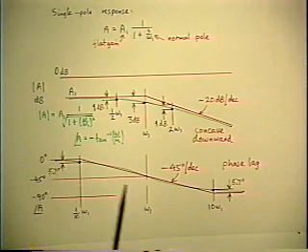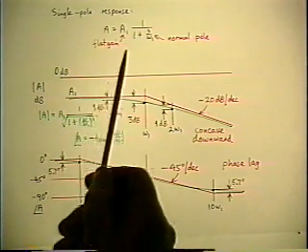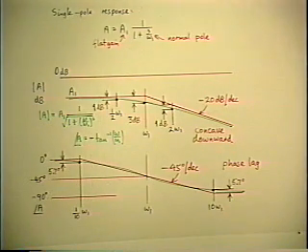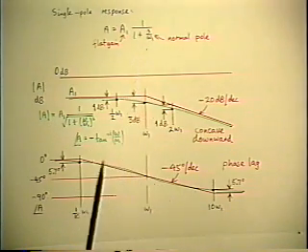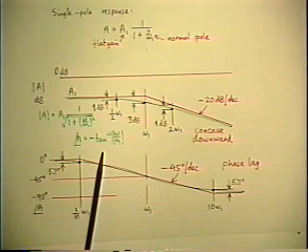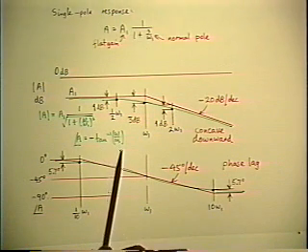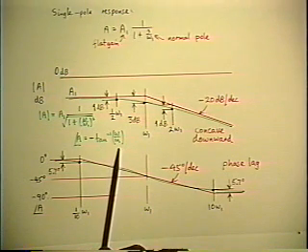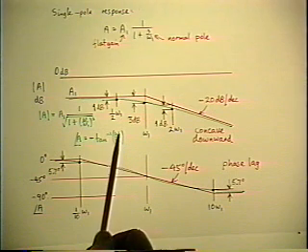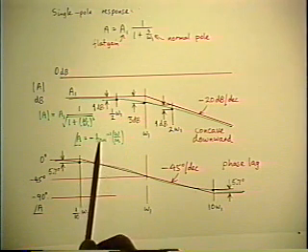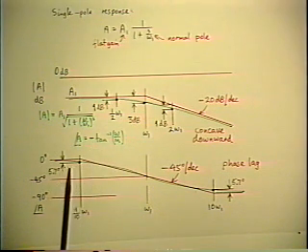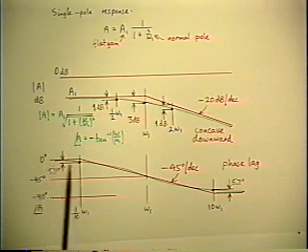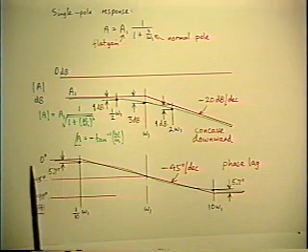If we want to sketch the phase graph of the single pole function, look at the extremes of frequency. At 0 frequency, the phase, which is the arctangent of the ratio of the imaginary part to the real part of the function, if omega is 0, the angle is 0. So the 0 frequency phase graph is horizontal at 0 degrees.